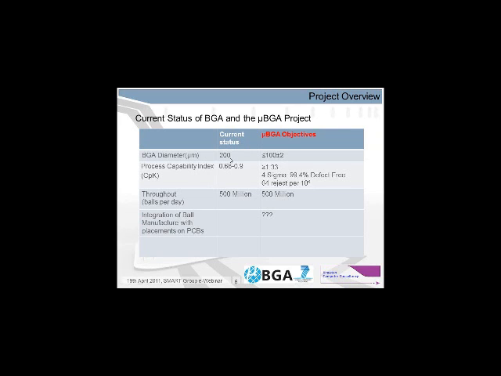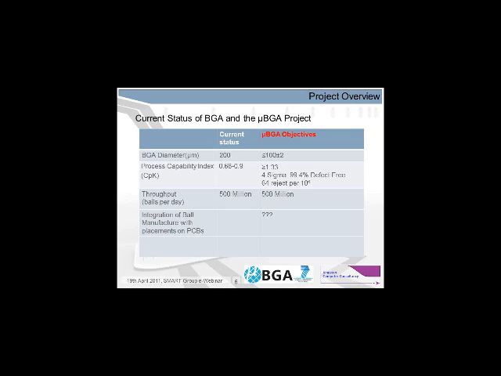Currently, you can see that the general size of BGA is around 200 microns. What we're aiming to produce in the Micro BGA project is a dependable way of producing sub 100 micron solder balls which can be used in BGAs.